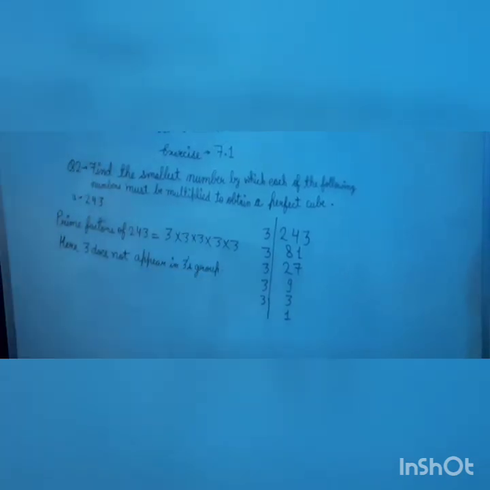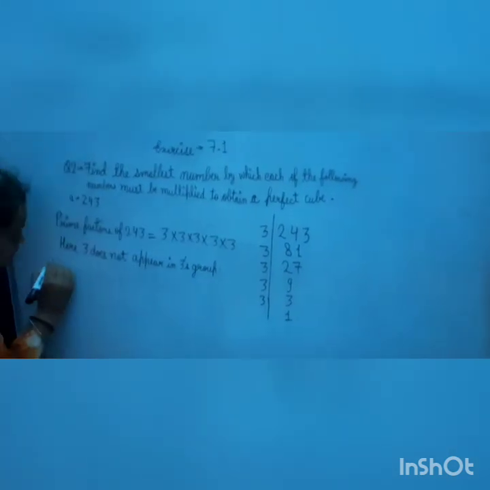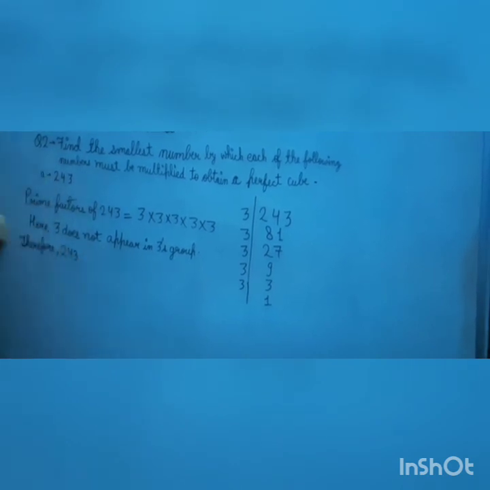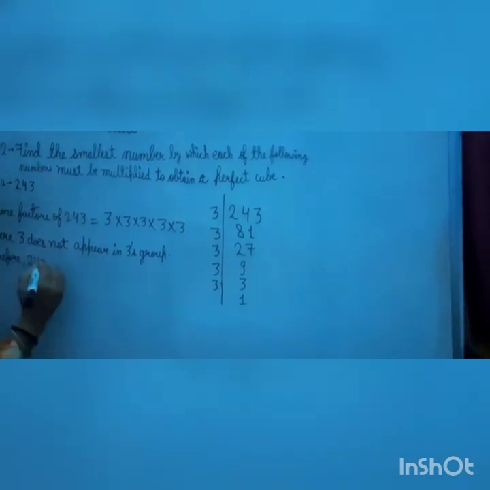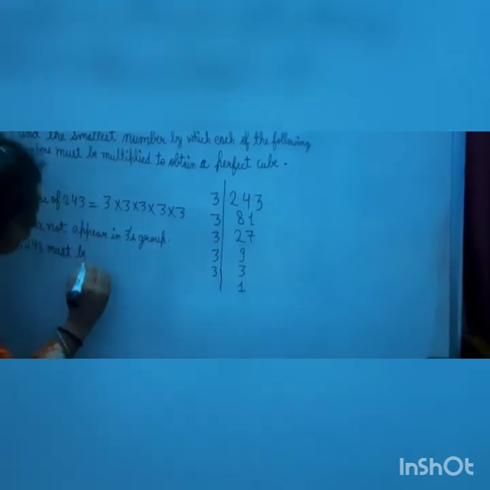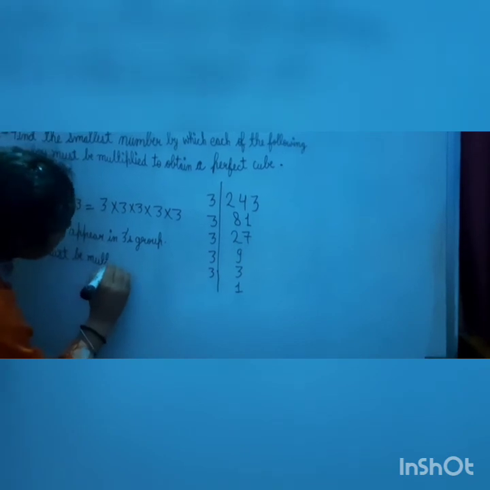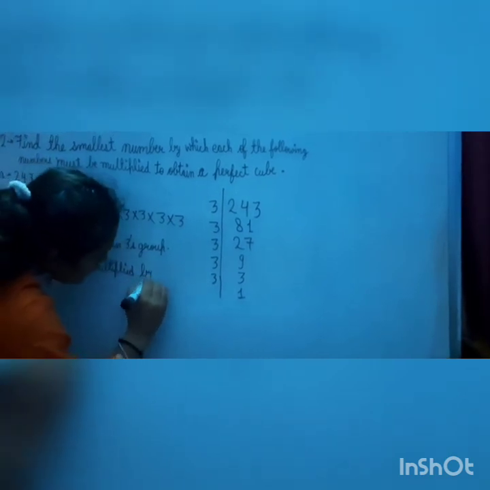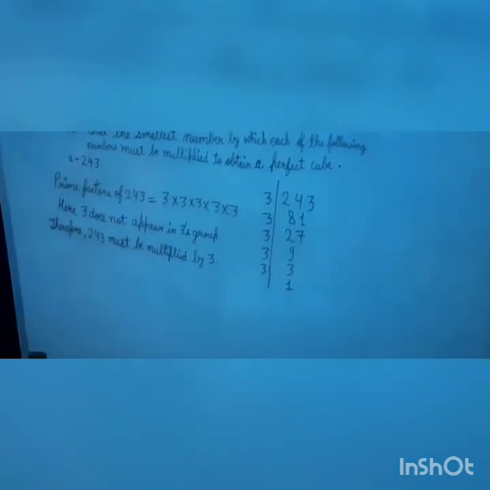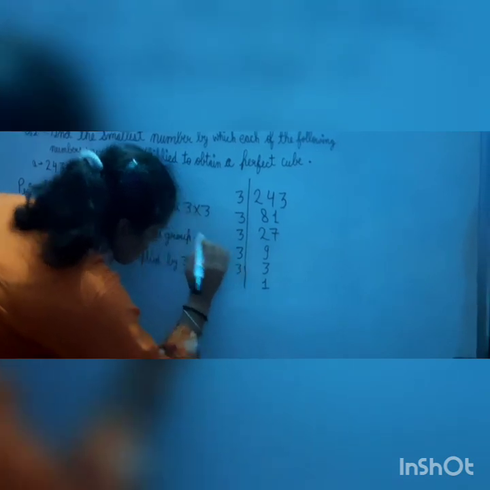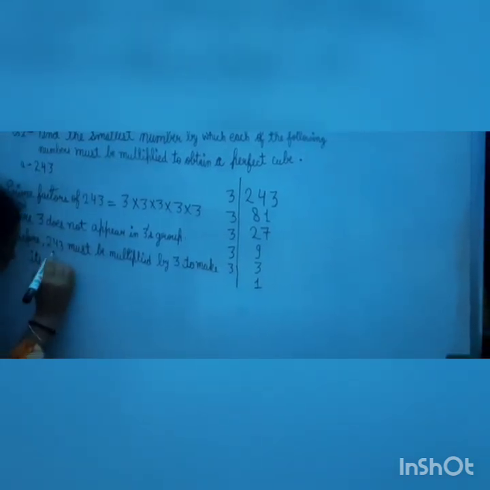Okay, so what you have to write next: therefore 243 should be multiplied, 243 must be multiplied by 3 to make it a perfect cube.